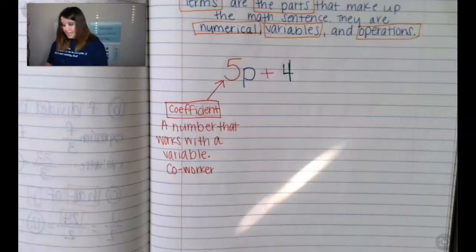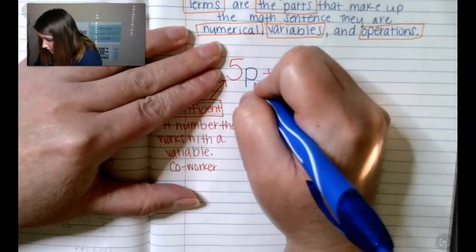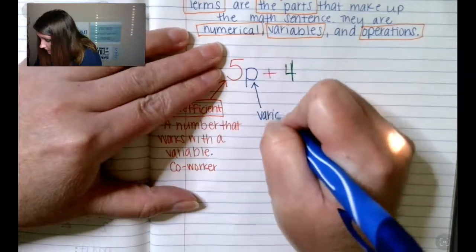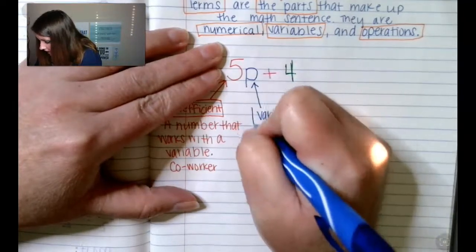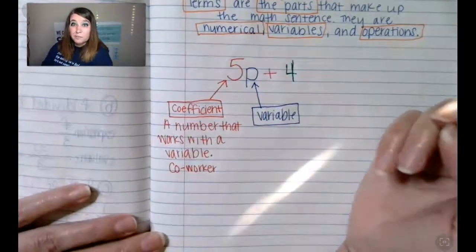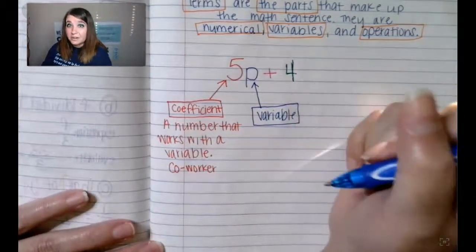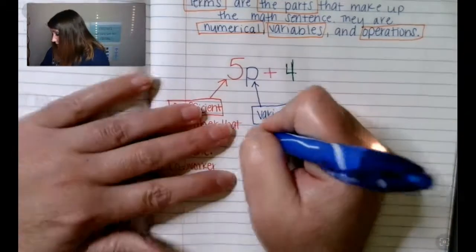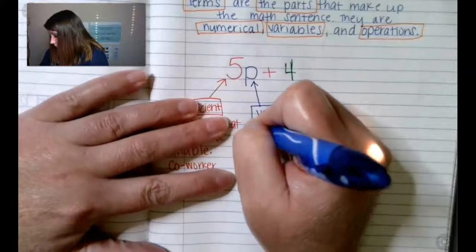All right, the P. The P is a variable. This is algebra. It's not algebra unless it has a variable. And a variable we know from the past is a letter that's a placeholder.